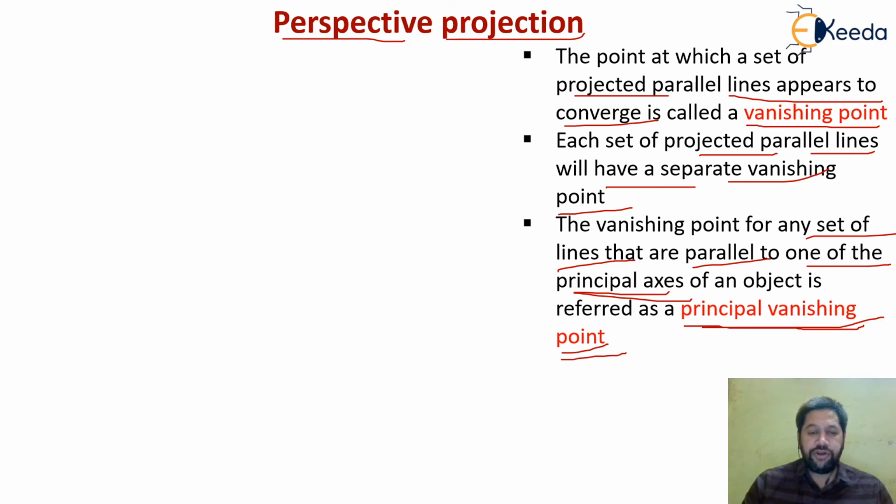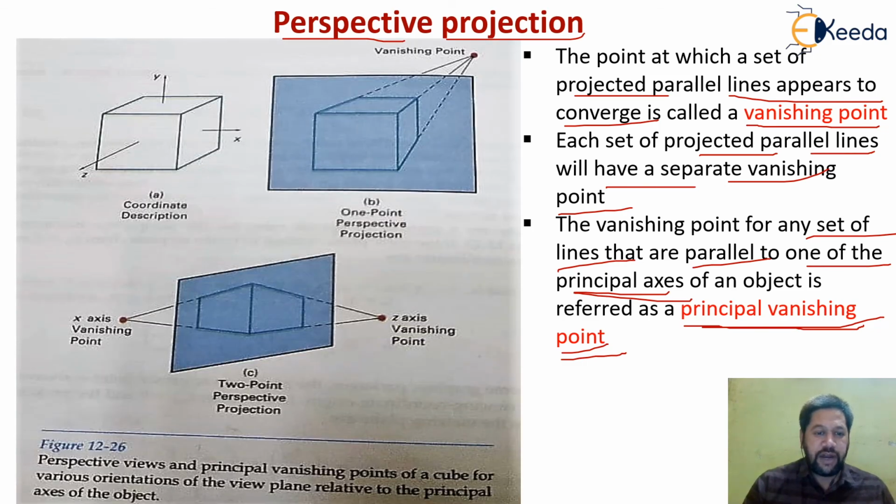Okay, so let us understand this with the help of the diagram. I want everyone to just concentrate on the diagram so that you will understand the perspective projection and the vanishing point also. The diagram shows my coordinate description. I have this particular object.